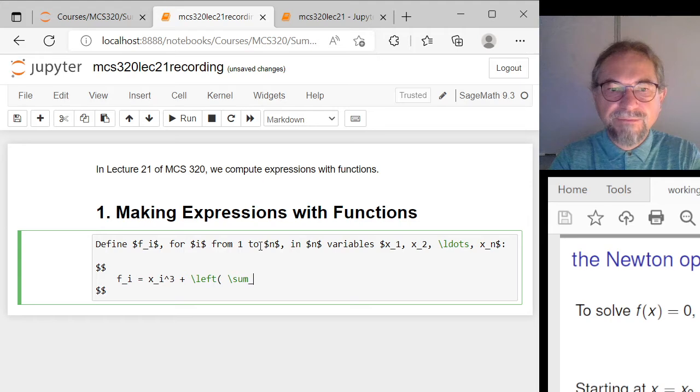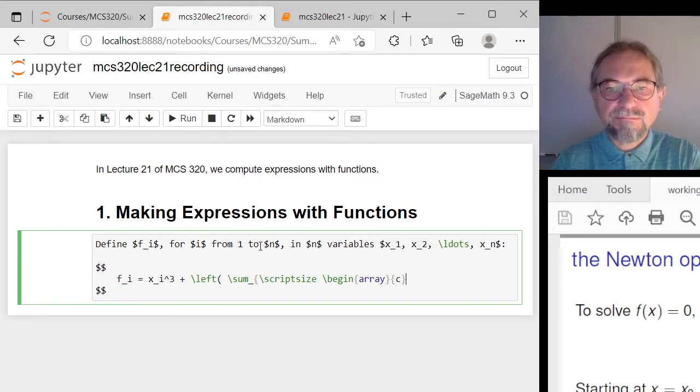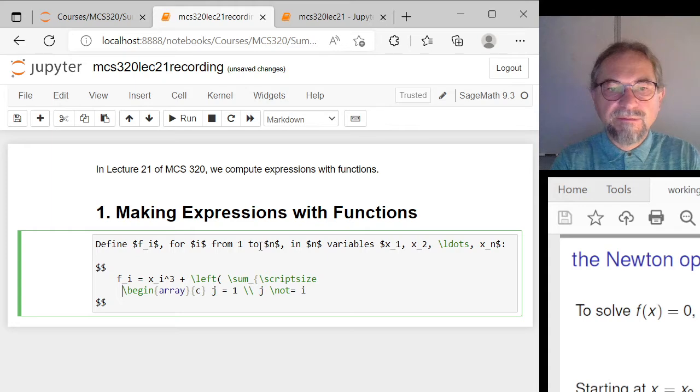To emphasize the big sum, I will put big brackets around it, and then I have the j going from 1 but excluding the i. So this is this array notation here.